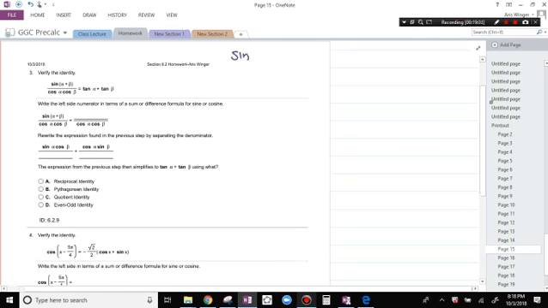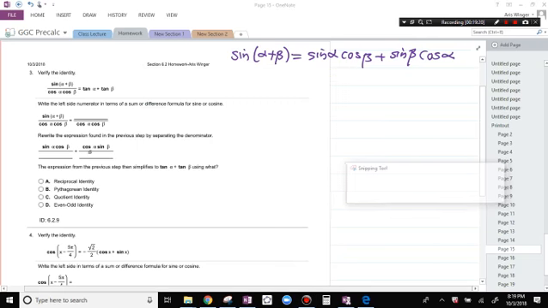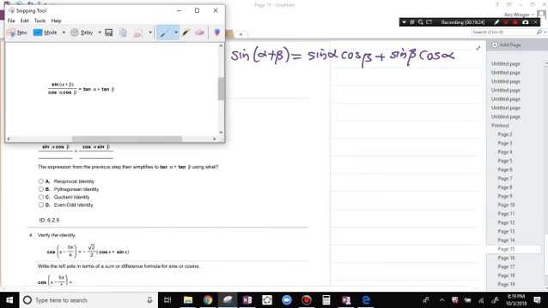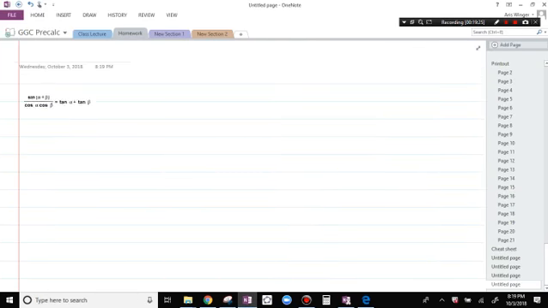Let's just remember that the sine of alpha plus beta is sine alpha cosine beta plus sine beta cosine alpha. Right? So I think I'm going to have to take this to another page. Okay, so then add a page, we'll put it here.